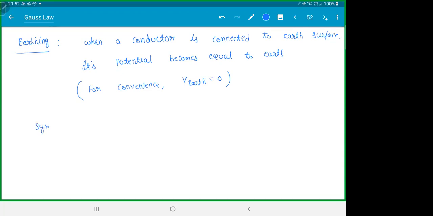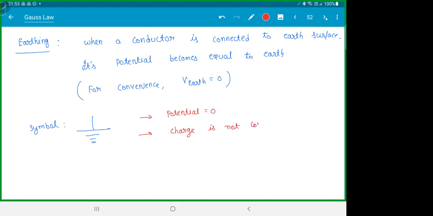So whenever you are earthing something, this is the symbol for the earthing. So if I draw like this, it means it is Earth. So the important points to remember when you earth something. First point, potential becomes 0. Second point, charge is not conserved. The charge can go into the Earth or the charge can come from the Earth.